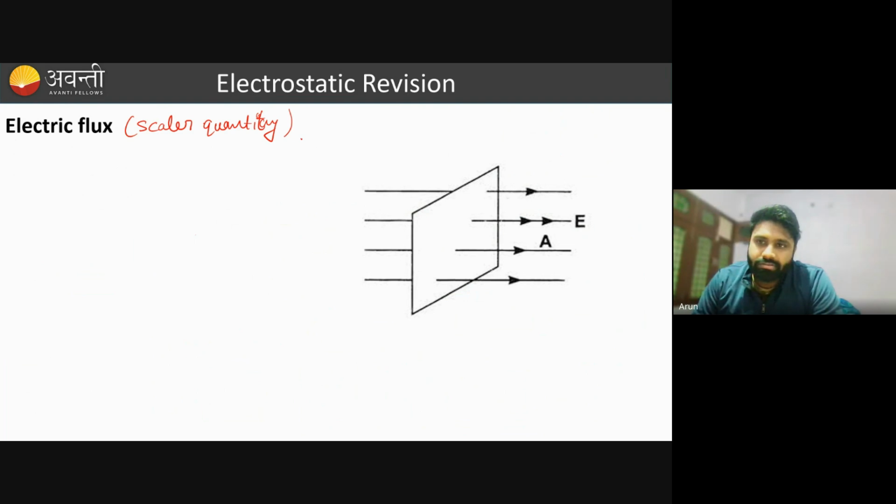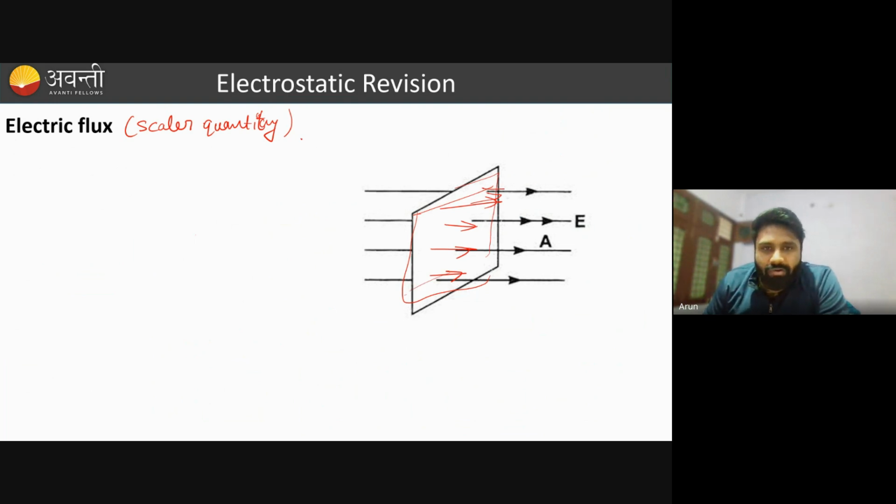It is the amount of electric field lines passing through an area perpendicular to the direction of the electric field. So this is the area we have considered. It is the number of electric field lines passing through this area, which, you will see, is placed perpendicular to the electric field.